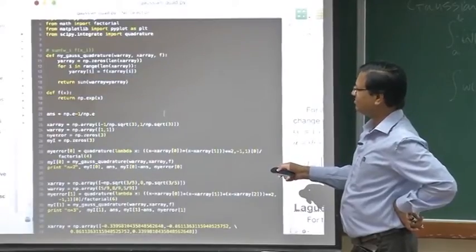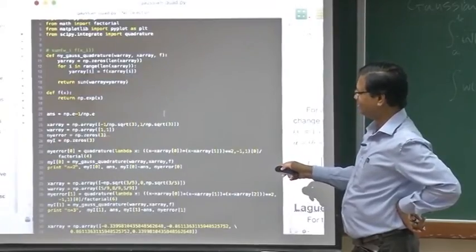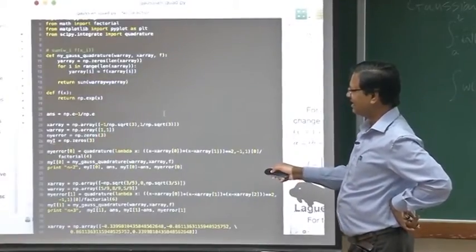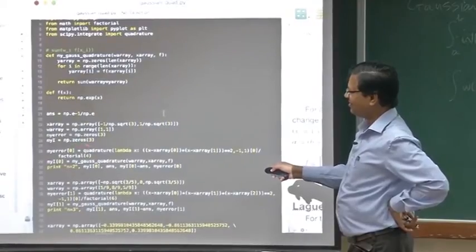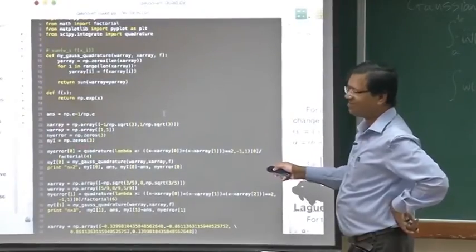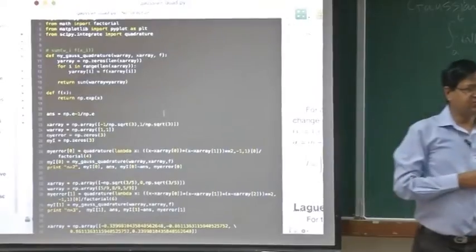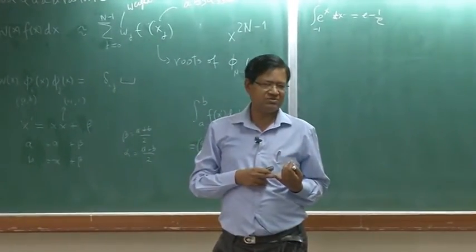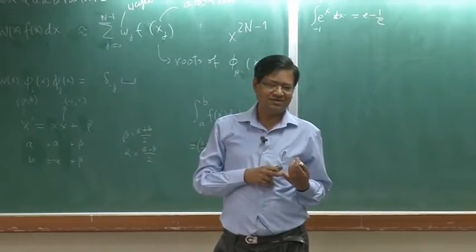So I also created an array called my error, which has 3 values and my integral, so it is going to become clear. So I am going to do for n equal to 2, n equal to 3 and n equal to 4. So I am going to compute with 3 different sets of points. Is that clear?